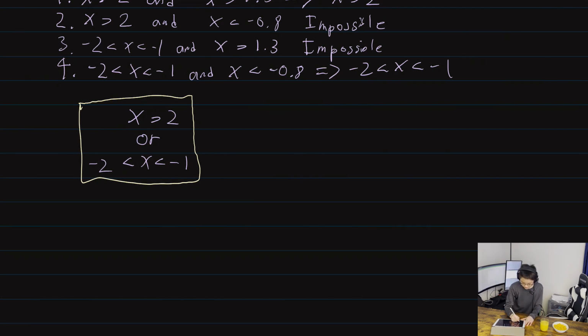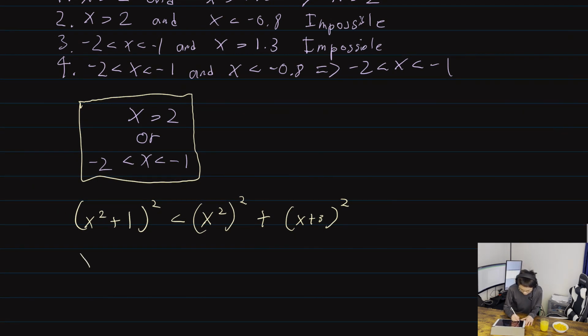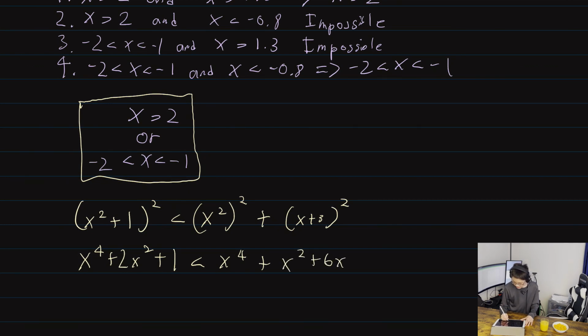Our hypotenuse is x squared plus 1, and all this has to be squared, and this has to be less than our first side length, x squared, plus our second side length, x plus 3, squared. Let's expand it out, and that will give us x to the 4th plus 2x squared plus 1 must be less than x to the 4th plus x squared plus 6x plus 9.